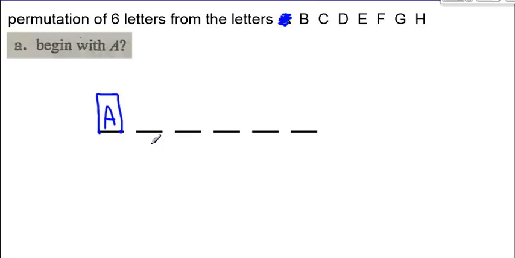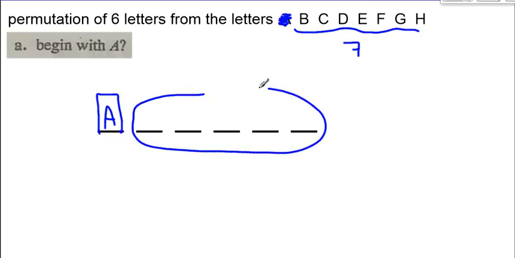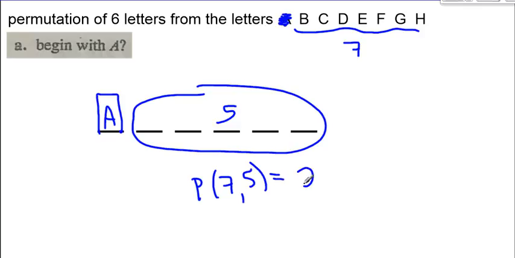So I don't do any math with that A, and I don't do any math with the first position. Instead, all my math is now these 7 unique letters have to fill these 5 positions. So this question is really saying if you have 7 unique objects to position into 5 different positions, how many ways could you do it? So 7 unique objects to fill 5 positions. So 7P5 would be 2,520.